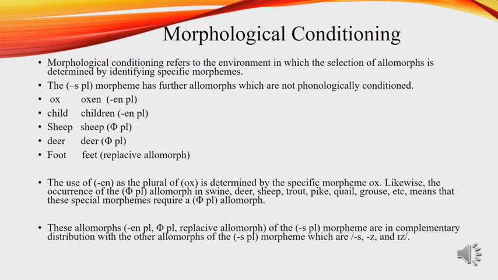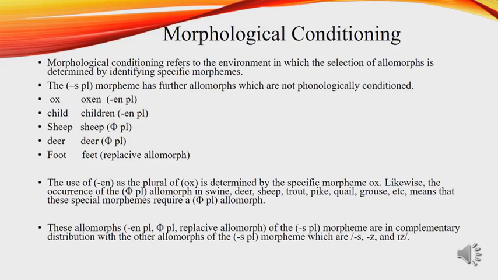It is because the specific morpheme deer requires the use of the zero plural allomorph in this word, which means that the selection of the zero plural allomorph is morphologically conditioned because this selection depends on identifying a specific morpheme. In the case of sheep, it is sheep, and in the case of deer, it is deer, and we have some other words mentioned in the book.